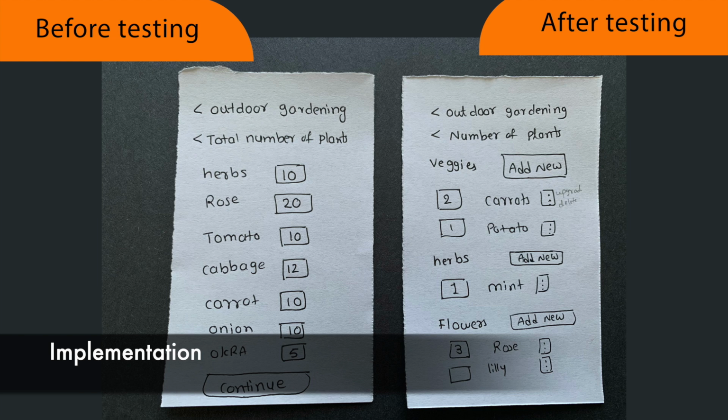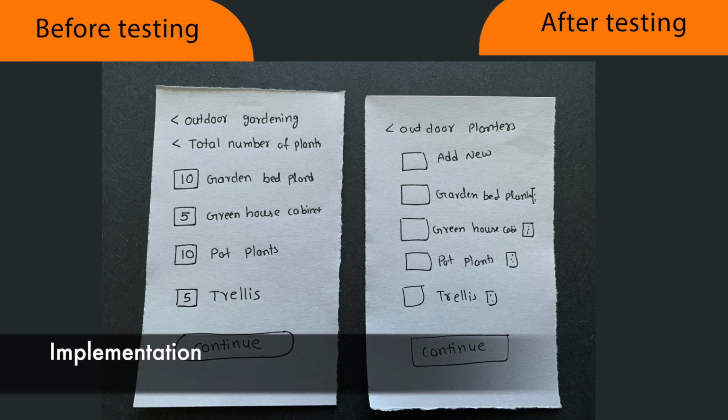Also, the user was confused about each plant and its category, because the user did not find any plant listed category-wise. We reworked the screen and added multiple options to improve our design, like adding each category plant with an edit button and a delete button, so the user can edit or delete a number of plants within a particular category. Also, we implemented the add new planter button on the number of indoor and outdoor planters screen.